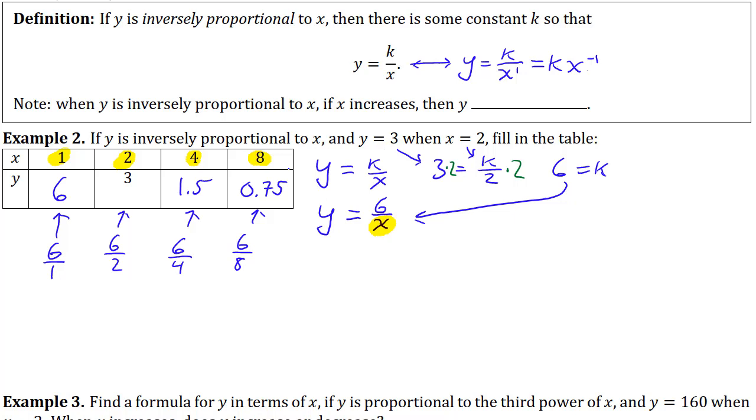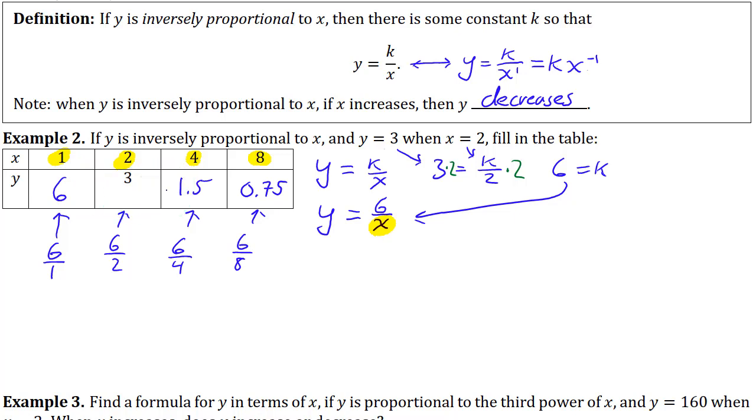All right, so what's happening here as you plug in bigger and bigger values of x? So that I want to fill in this blank now. When y is inversely proportional to x, if x increases, then y is going from 6 to 3 to 1.5 to 0.75. It's decreasing. And in general, whenever the denominator of a fraction, the bottom, gets bigger, the result is going to get smaller.